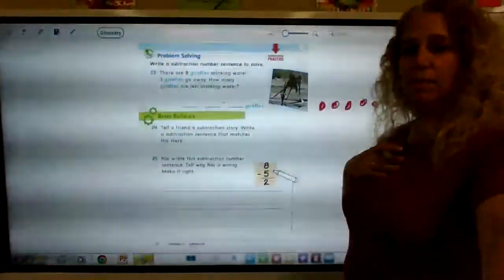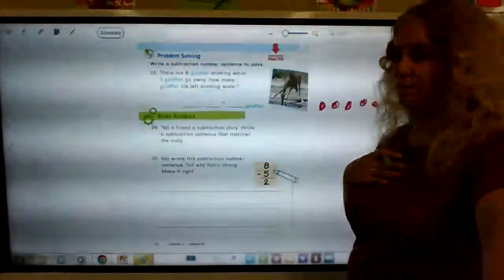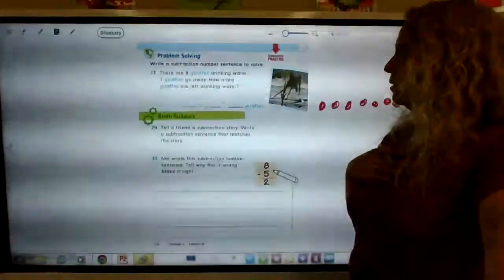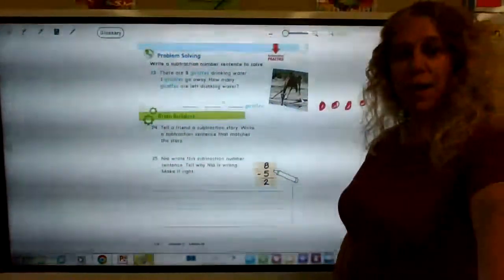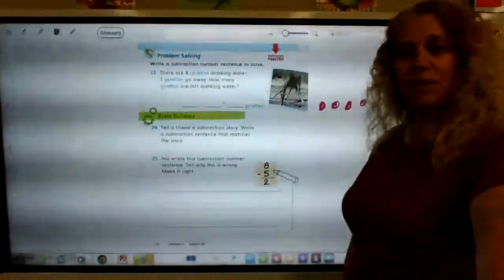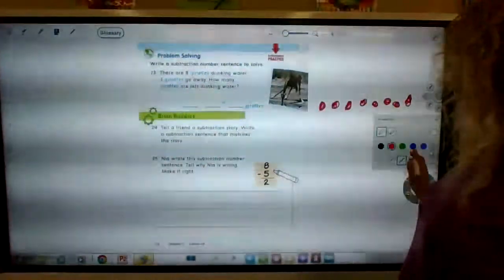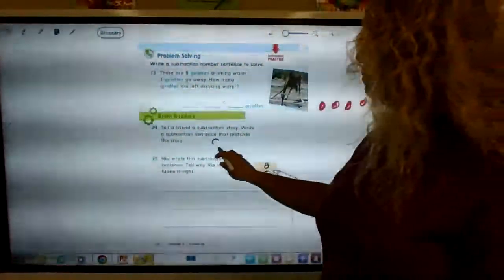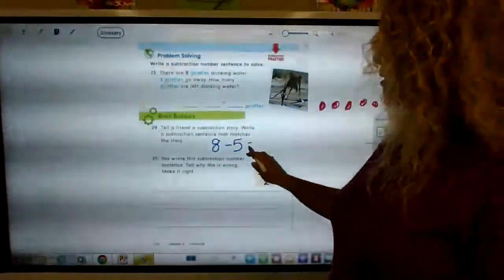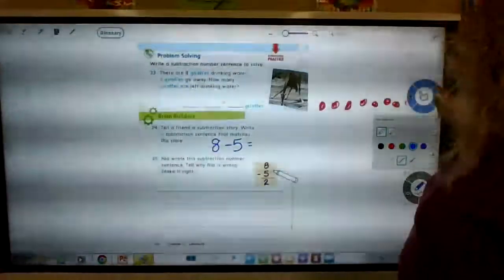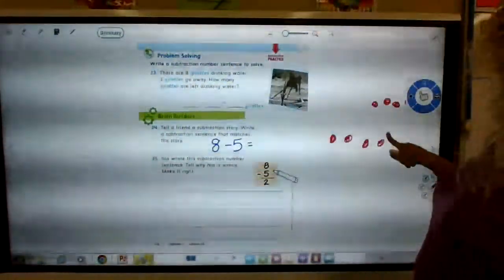Okay, my story, I'm going to do one. My story is there were 8 butterflies flying in the flower garden. 5 butterflies went away. How many butterflies are left in the flower garden? So my number sentence that goes with my story would be 8 butterflies minus 5 went away equals 2, 3, 4, 5.